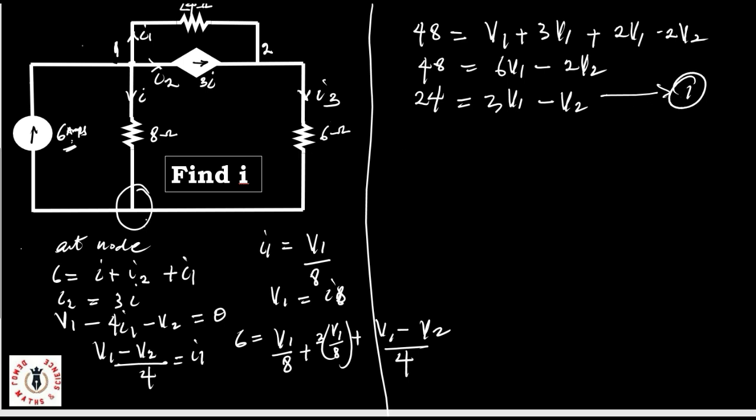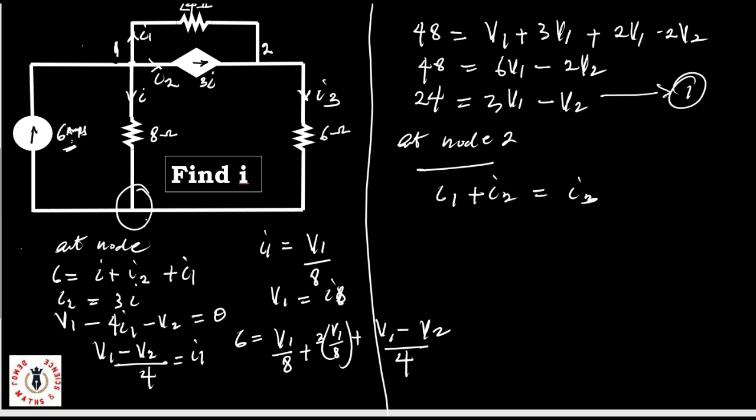Now for my second node. At node 2, we know that I1 is going to flow to node 2, I2, which is equal to 3I, will flow to node 2, and I3 will leave node 2. So I1 plus I2 equals I3.